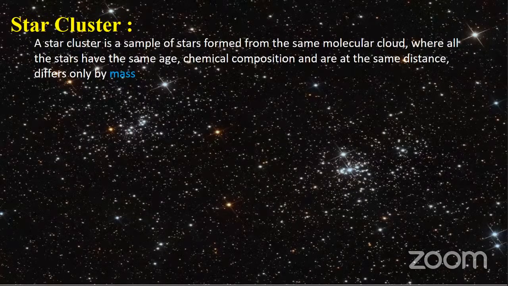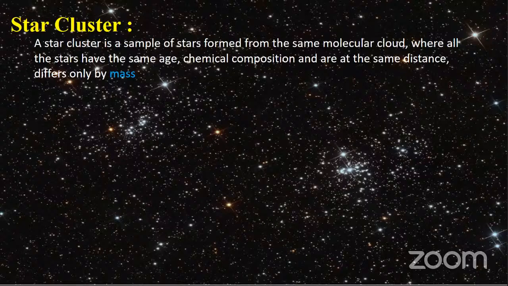They're born in groups from the same molecular cloud. These stellar groups are called clusters. As all the cluster members are formed from the same molecular cloud, they have the same chemical composition, the same age, and lie at approximately the same distance. They only differ by their mass.